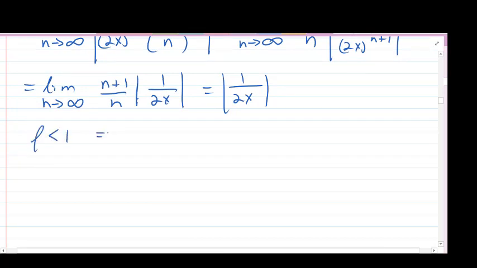So rho less than 1 gives me 1 over the absolute value of 2x is less than 1. That's 1/2 times the absolute value of x is less than 1.